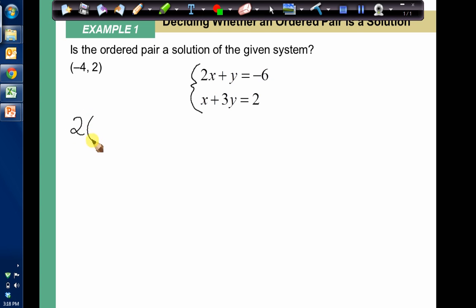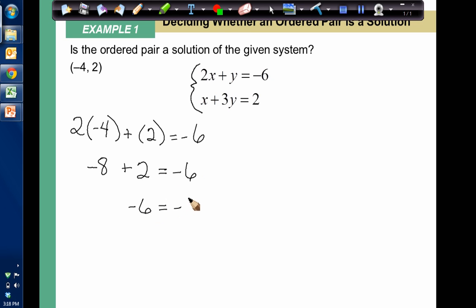Plug in x as -4 and y as 2 into the first equation and see if it makes sense. This would be -8 plus 2, and is that -6? It sure is. So we get -6 equals -6, which is a true statement. Then we know that this ordered pair is a solution to the first equation.